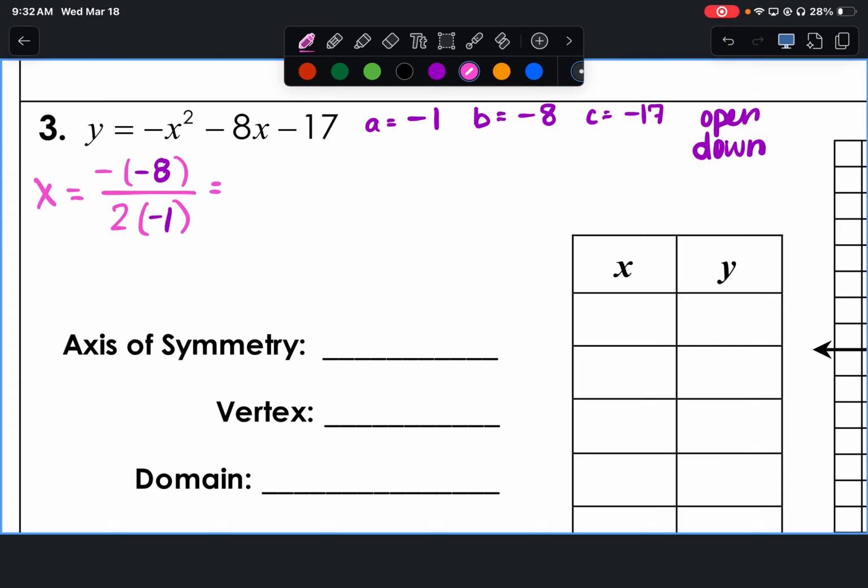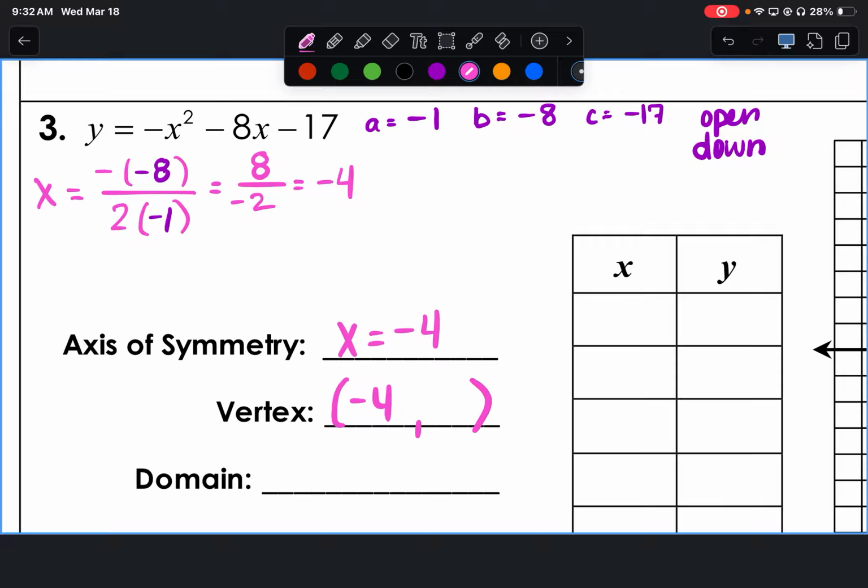A negative and a negative make a positive. So we get +8 divided by, what is 2 times -1? And what is 8 divided by -2? -4. Our axis of symmetry is x is equal to -4. That is also the x coordinate of our vertex. So go ahead and put that in there.